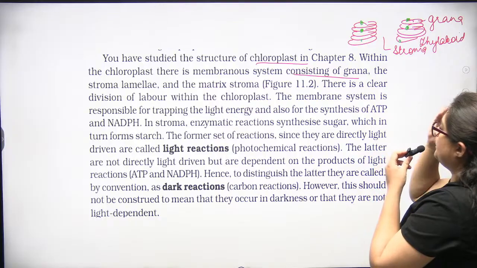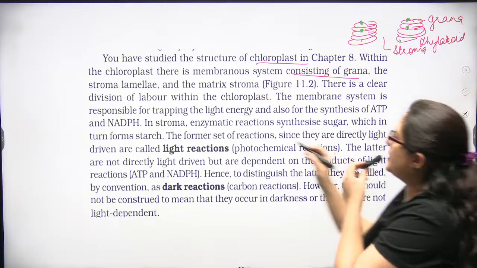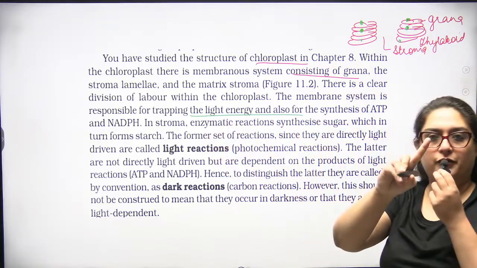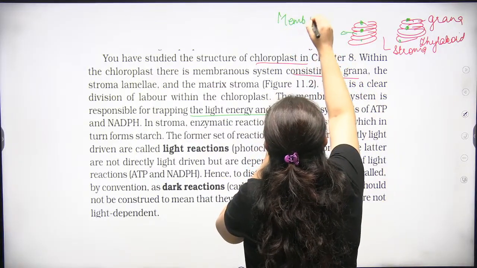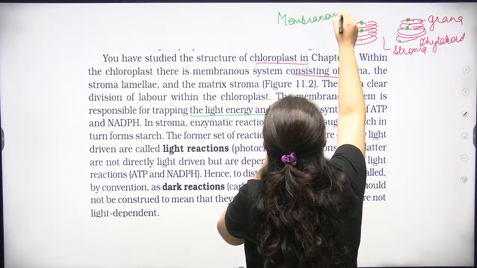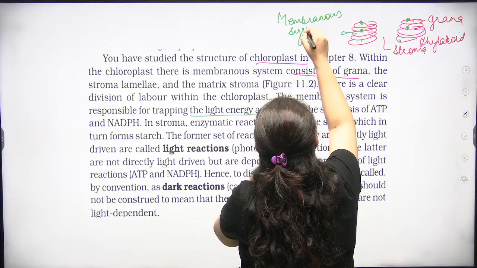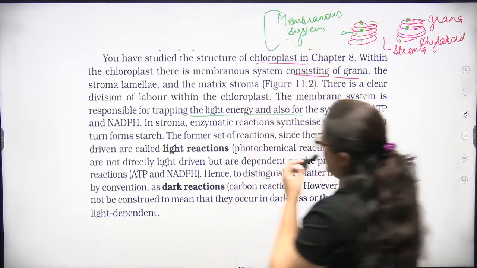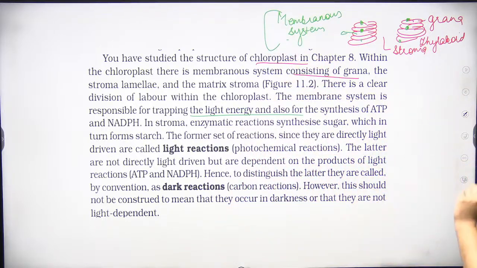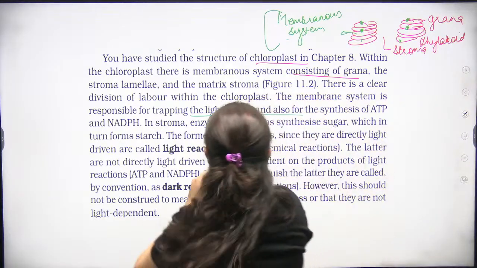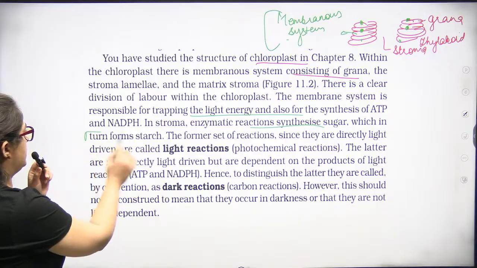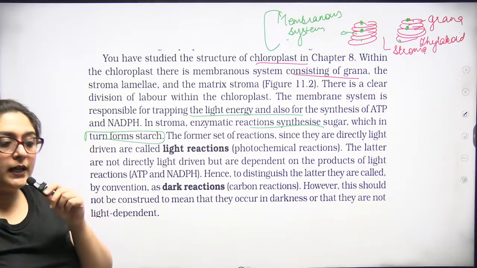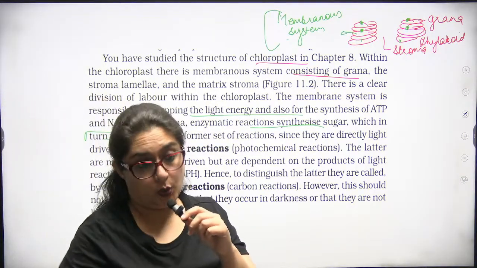The membrane system is responsible for the trapping of light energy. In the stroma, enzymatic reactions synthesize sugar, which in turn forms starch. Sugar is simple sugar, glucose.